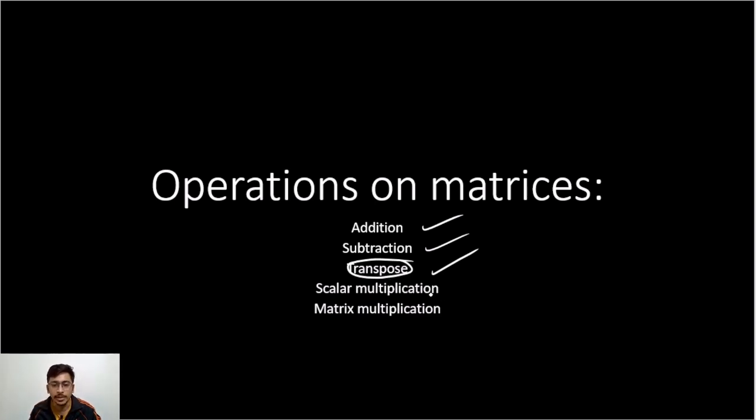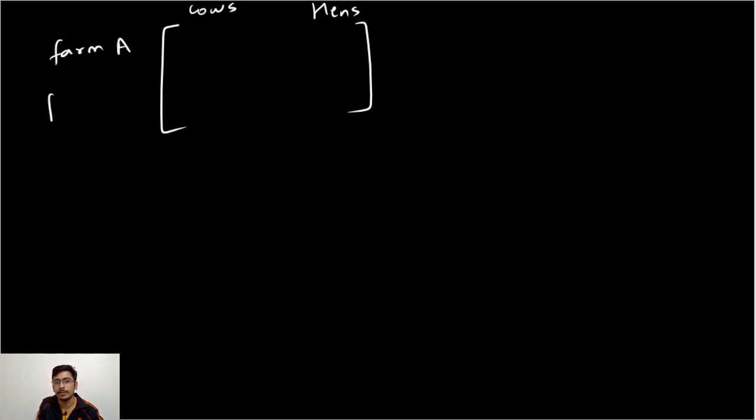Let's talk about scalar multiplication. So what is scalar multiplication? Let's say the same example that I have, let's say, cows, hens, okay, and let's say we're talking about farm A and farm B. I shouldn't have erased it, I know, but whatever.